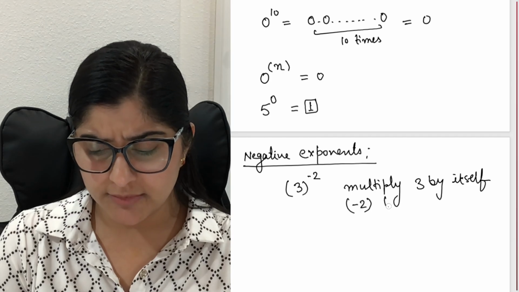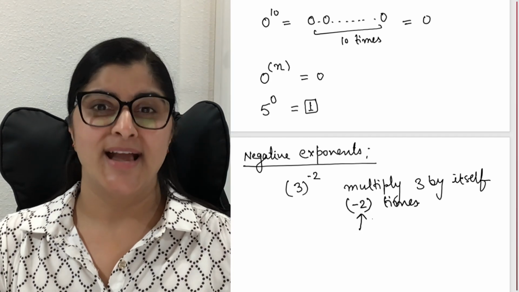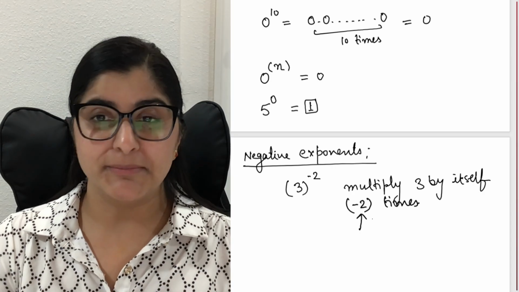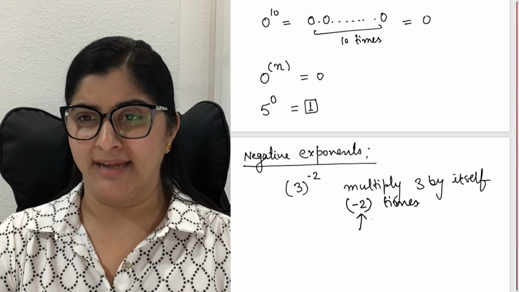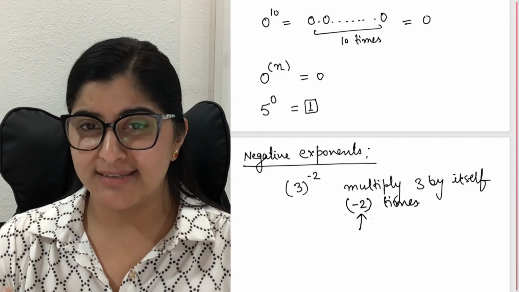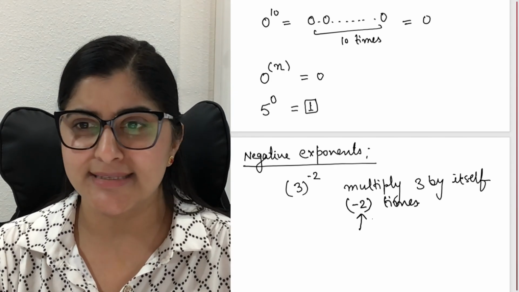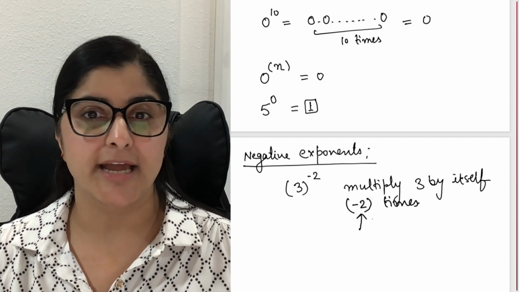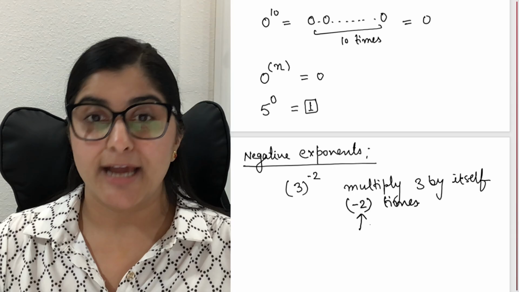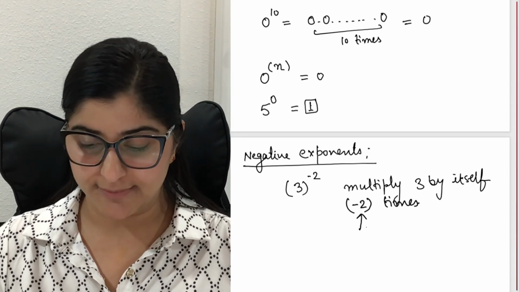Minus 2 times. Does this make any sense? Minus 2 times. It has to be a positive number. In this sense it doesn't make any sense. We can't multiply something negative 2 times. It has to be 2 times, 3 times, 10 times.